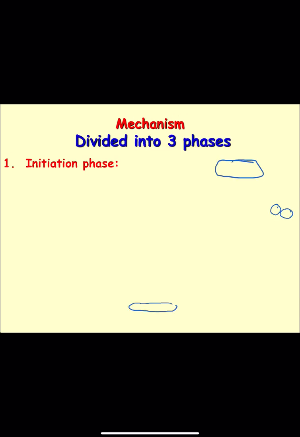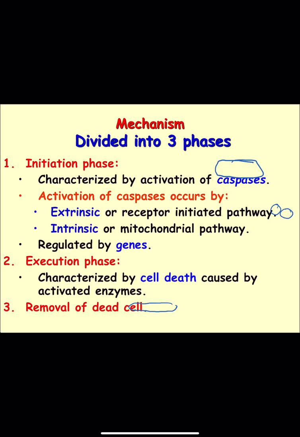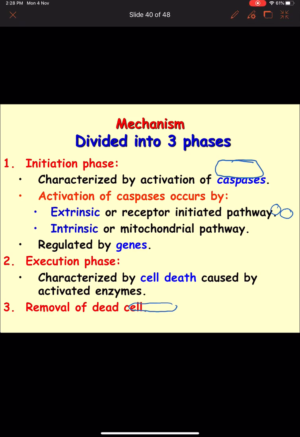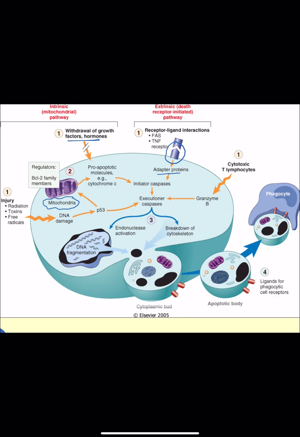The three phases of apoptosis: the initiation phase, that's actually activation of the initiator caspases. That's going to be followed by activation of the executioner caspases. That's going to be followed eventually by cell death, mediated by enzymes, and eventually removal of the dead cells through the process of phagocytosis, one piece at a time.